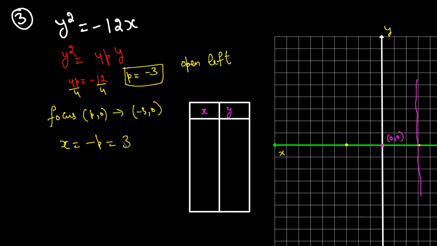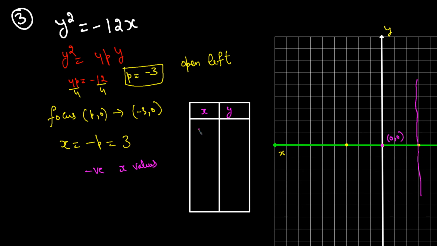Okay, so now we're going to plot a few points again, x and y. In this case we're going to choose only, if you notice, the parabola is going to open to the left from the 0. That means all the x values are going to be negative values. So choose negative x values. Okay, so let's start with that.